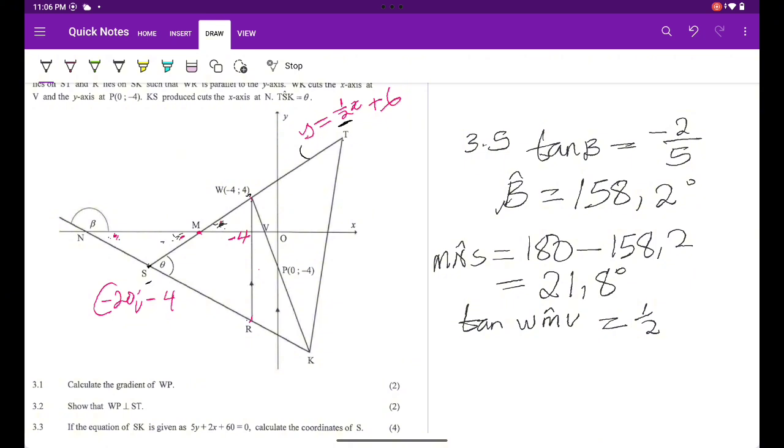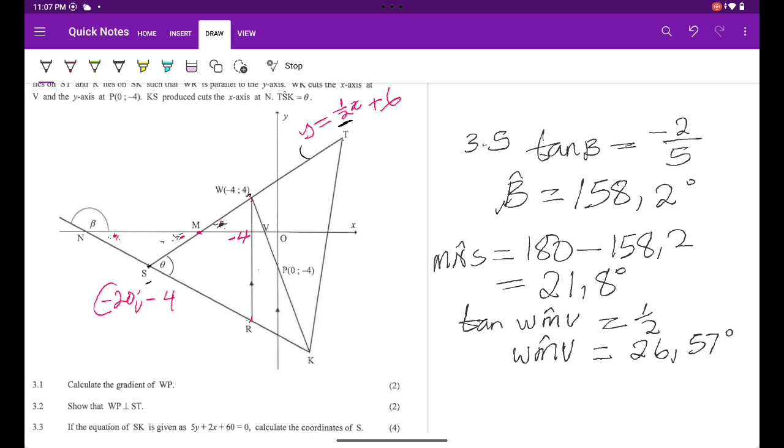And then this one we just punch it straight as shift tan half, because it's positive, so we don't have issues with negative. So if we just punch our calculators, we will get 26,57, rounding it off.